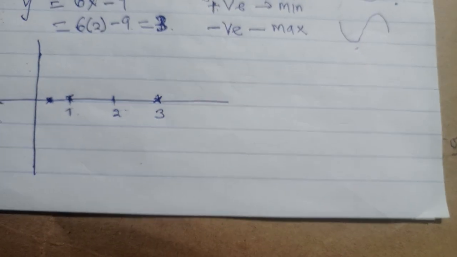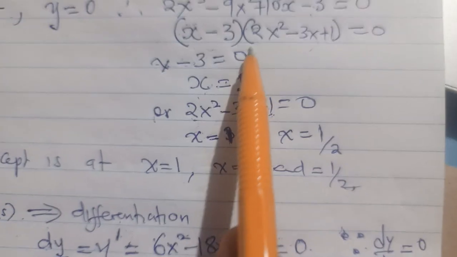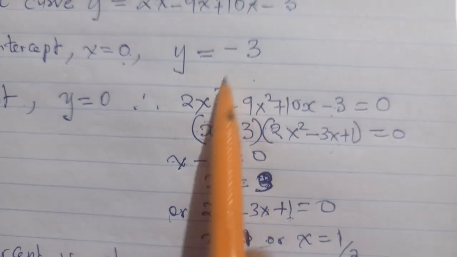And then our y-intercept, remember, is at -3, as we had said earlier. -3 will definitely be on the lower side. So you indicate -3, that's where the y-intercept is.